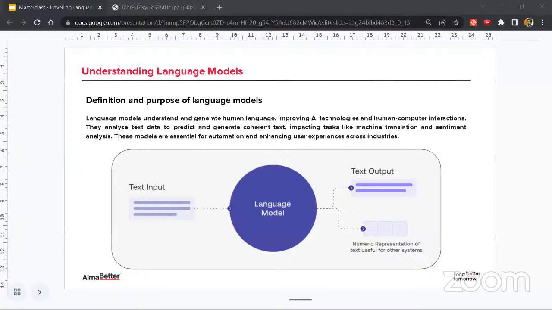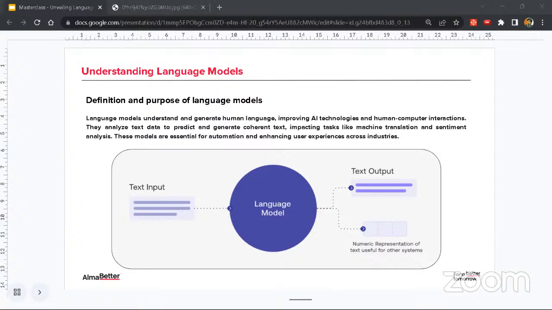On what basis are these words converted? Well, Drishti, it's a little technical, your question. What is happening behind the scenes is it is basically learning the context of what words are present around it.